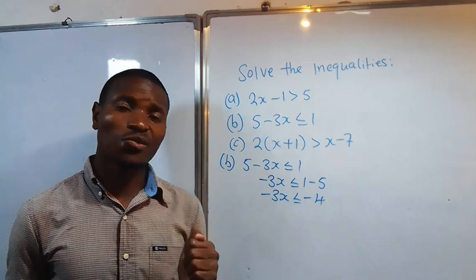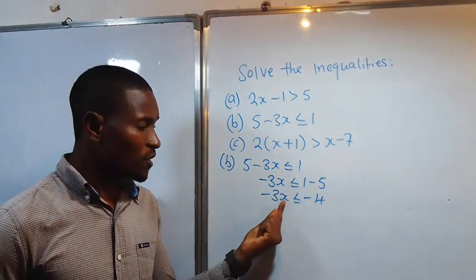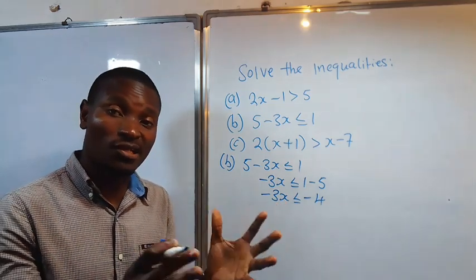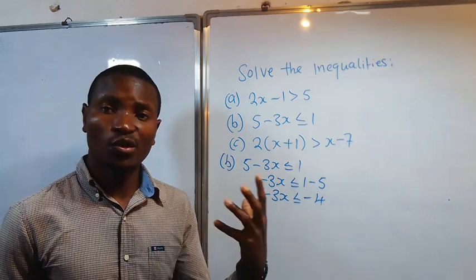Once you reach this point, we have to get rid of the coefficient of x, which is negative 3. So we are going to divide both sides by negative 3.